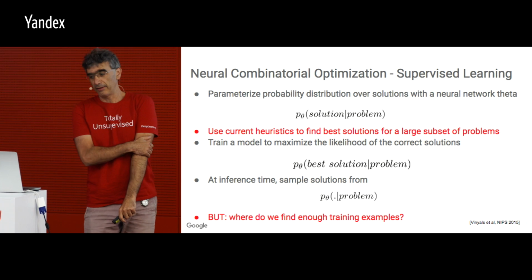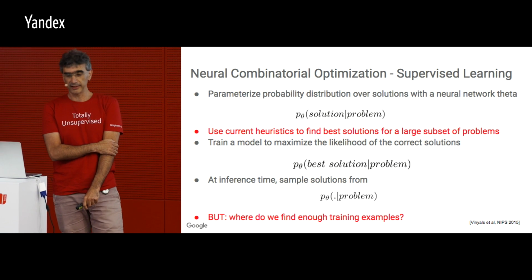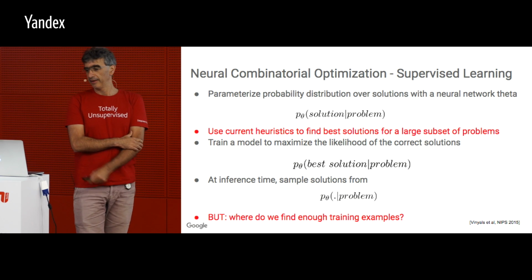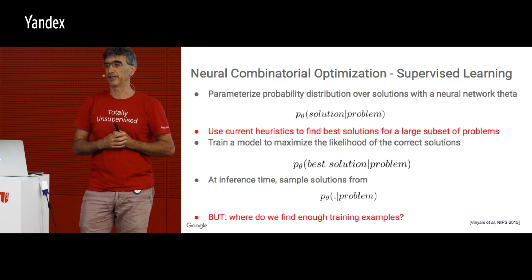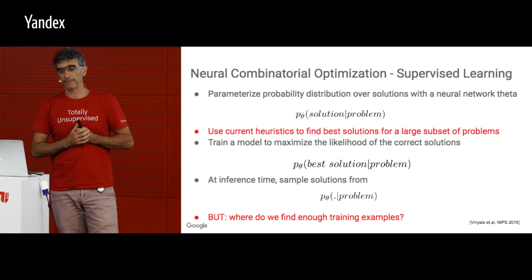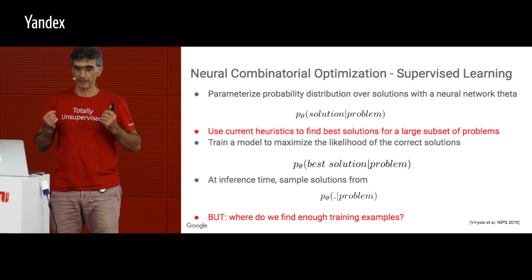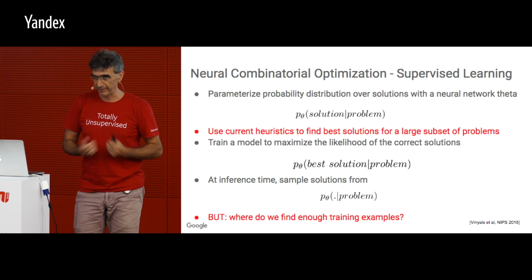In fact, about 2 years ago, a colleague of mine, Oriol, and his colleagues proposed this model called the pointer network. And they actually applied it to combinatorial optimization. The way they applied it was the following. They would take the problem to solve, say the TSP, the traveling salesman problem.